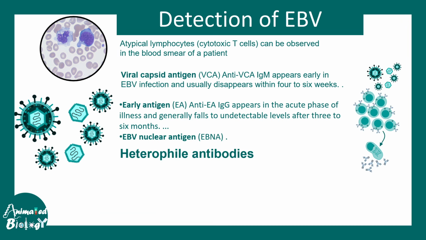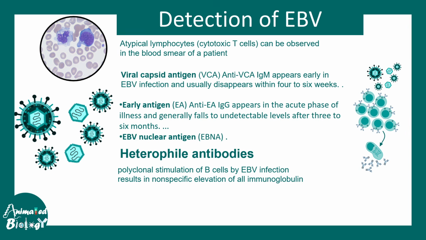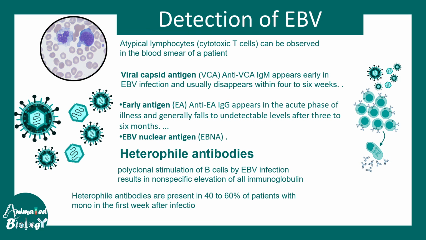EBV leads to an overproliferation of B cells, making too many plasma cells which secrete non-specific antibodies known as heterophile antibodies, and these can be detected. These come from polyclonal stimulation of the B cells. Heterophile antibody is present in 40 to 60% of the patients with infectious mononucleosis. These heterophile antibodies can be detected by a test known as the monospot assay, which is a quick and rapid blood test.